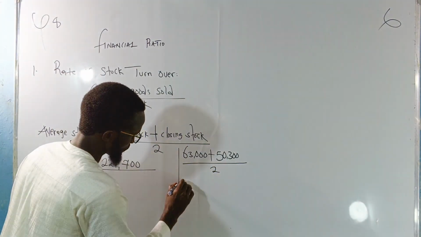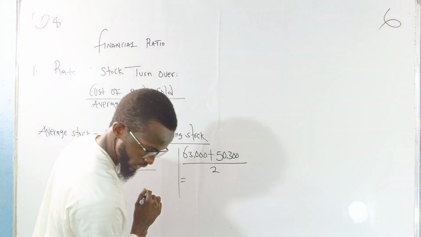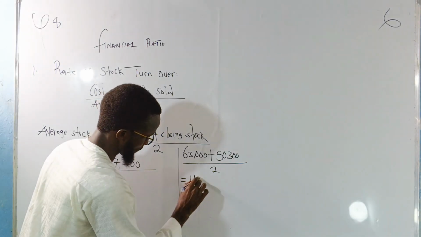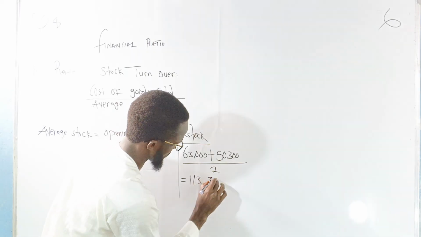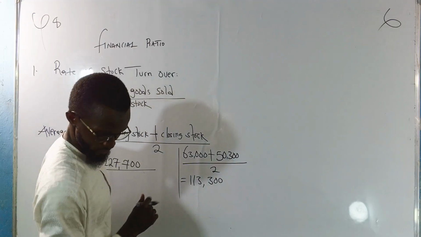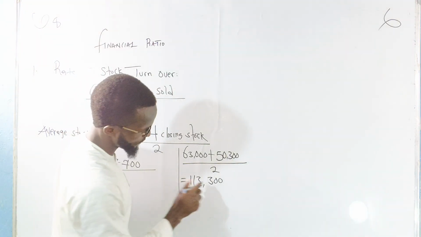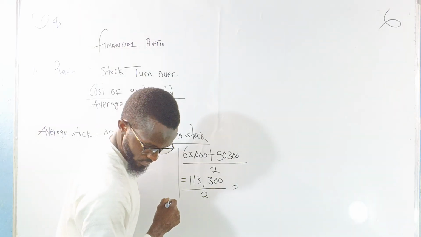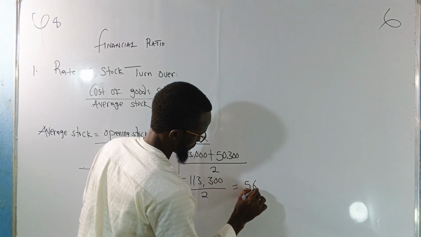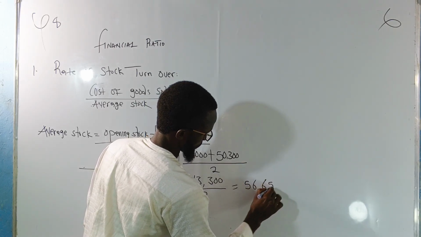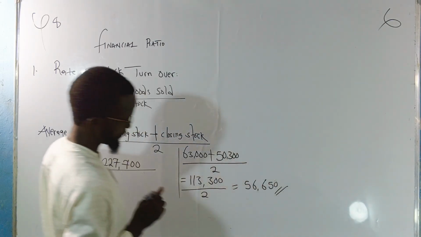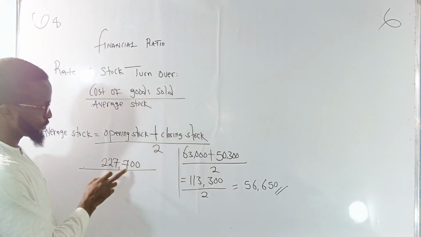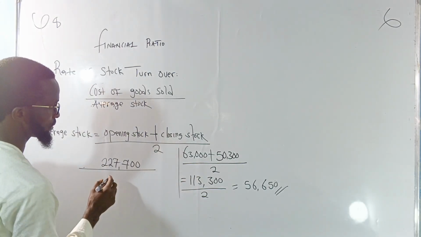You have the answer 113,300. This amount divided by 2. Therefore, your answer should be 56,650. This is our average stock. So we are going to bring it here.